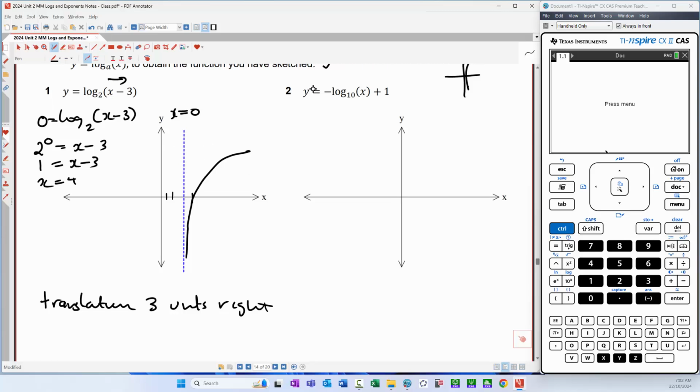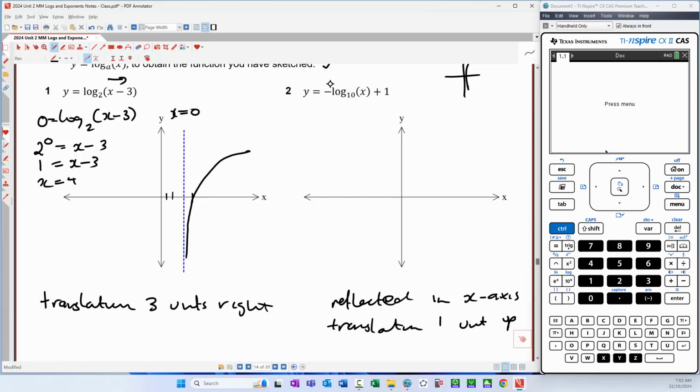Okay, this one here, so what's going to happen is we're reflected in the x-axis and we're up 1 unit. So our transformations are reflection in the x-axis and translation 1 unit up.